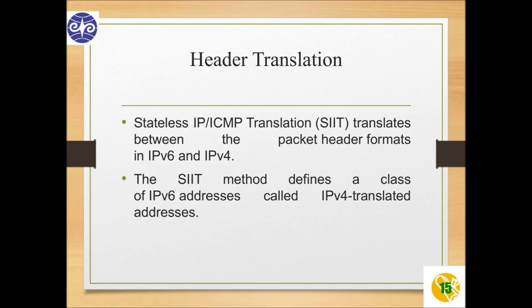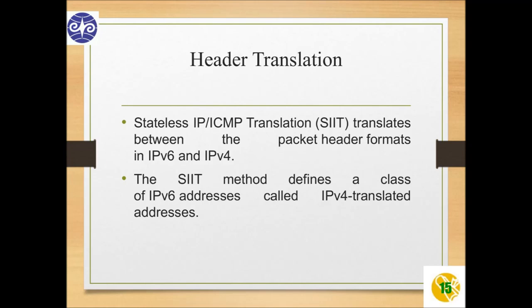Header translation. This is the third transition scheme. So in header translation, stateless IP, that is Internet Protocol, ICMP, which is Internet Control Message Protocol, translation translates between the packet header formats in IPv6 and IPv4.